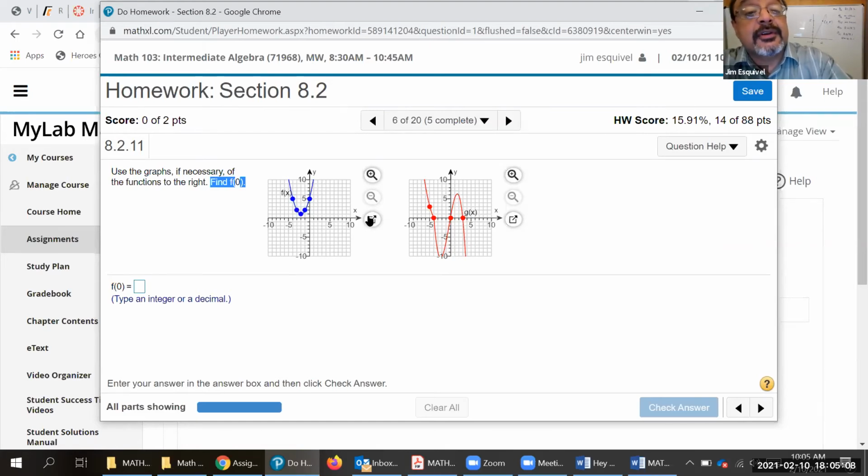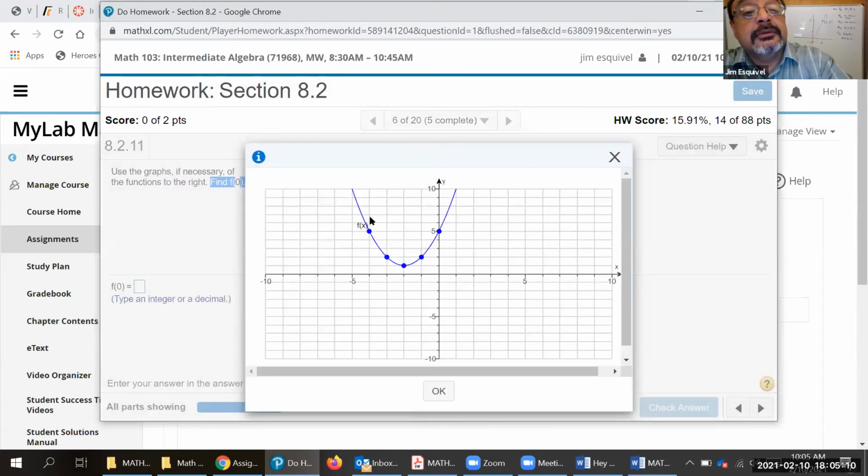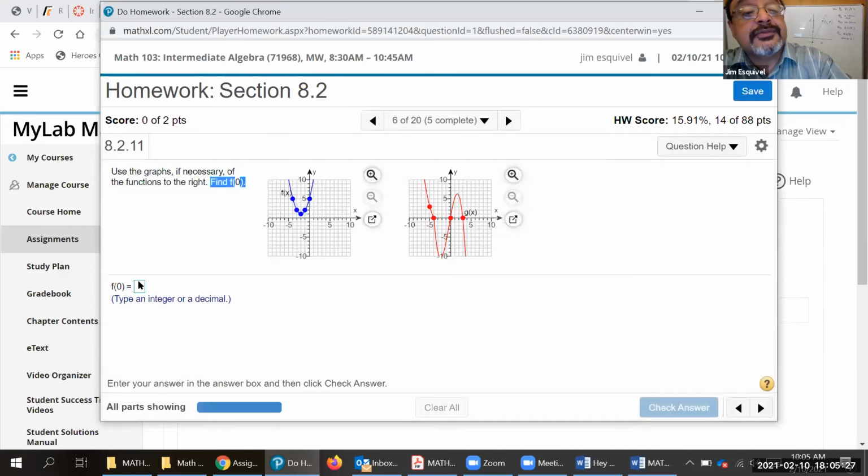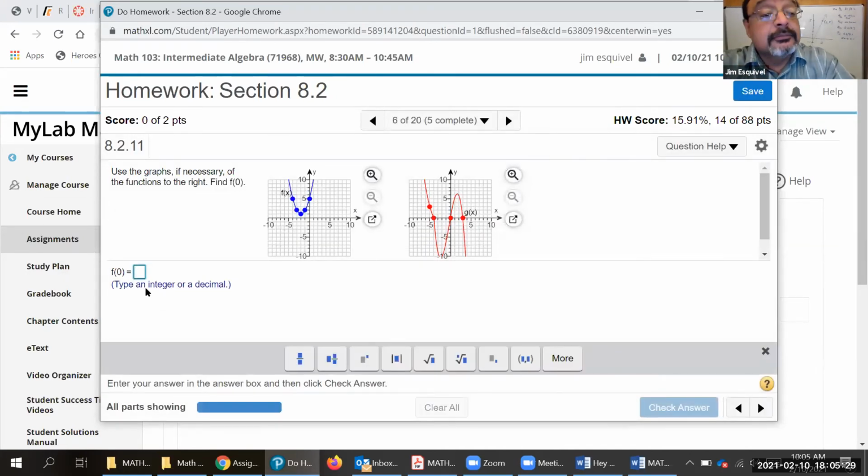So the blue function, f of 0. So when x is 0, so that's here on the y-axis, what's the y value? 5. When x is 0, the y is a 5. f of 0 is a 5.